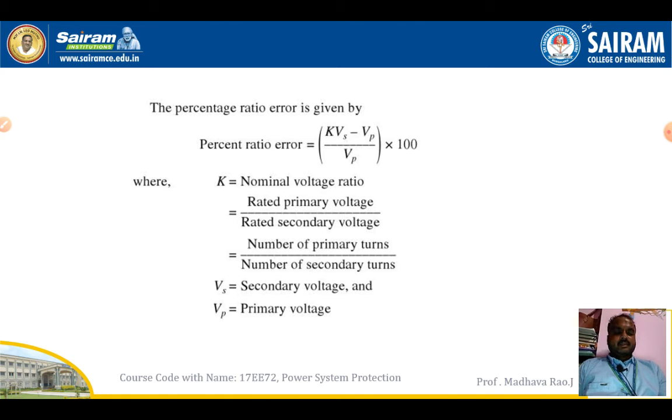Nominal ratio into secondary voltage minus primary voltage by primary voltage into 100, that is the percentage error. Where K is the nominal voltage ratio. Nominal voltage ratio we can define as the ratio of rated primary voltage to rated secondary voltage, or number of primary turns to number of secondary turns. That is called nominal ratio, where Vs is secondary voltage and Vp is primary voltage.